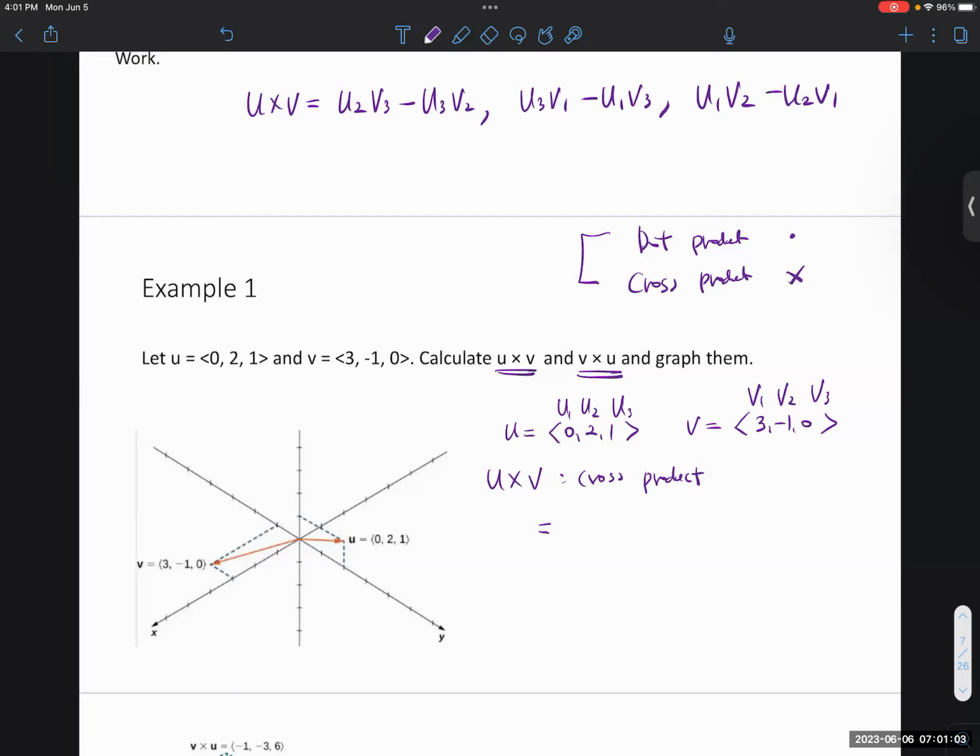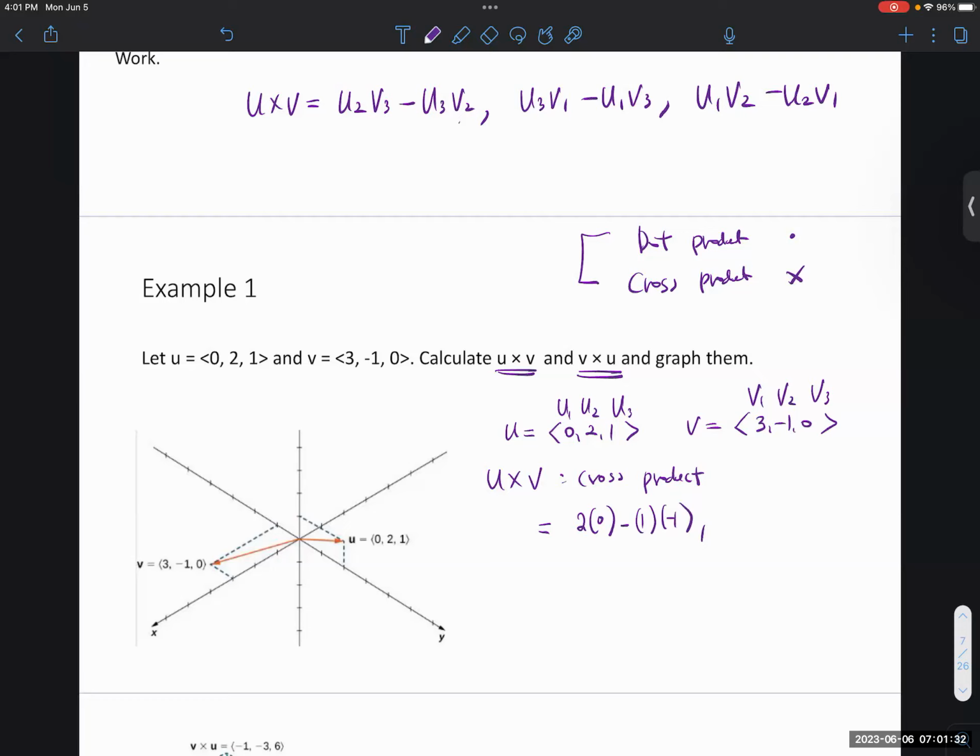So anyway, if you do that, U2 is 2 times V3, which is 0, minus U3. I know I don't like this work, but I'm just following the formula. And then V2 is -1, and U3 is 1, so 1 times -1.